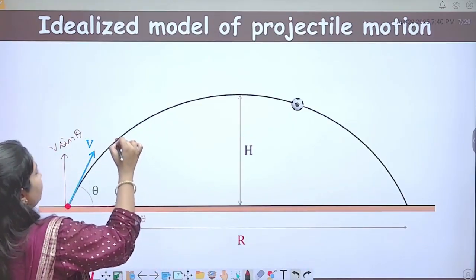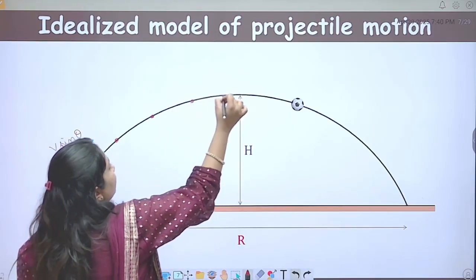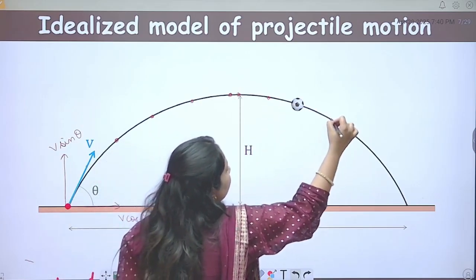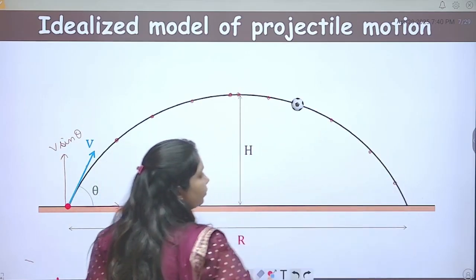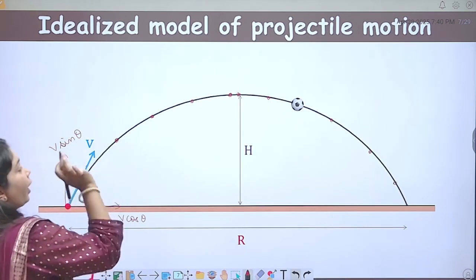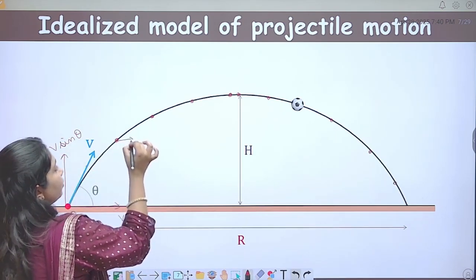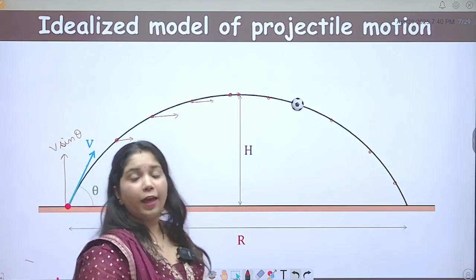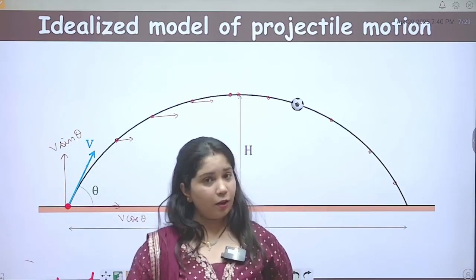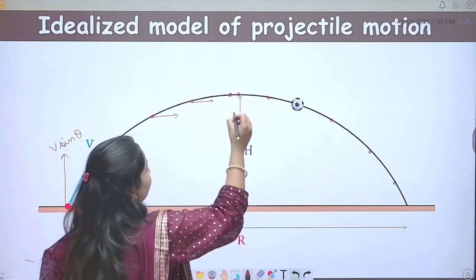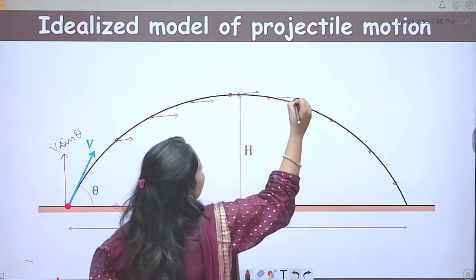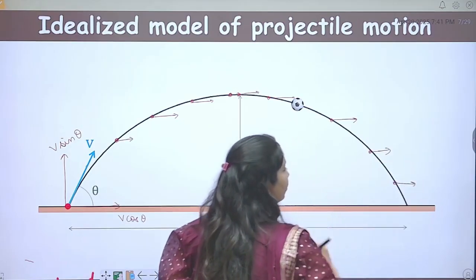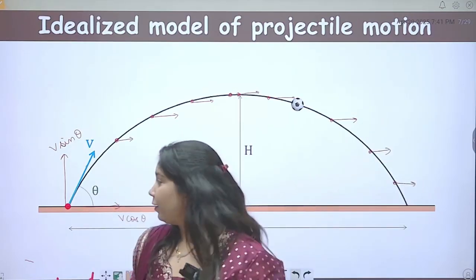Now take a look at different points of projectile motion. The x component for the whole projectile motion is constant. But what about y?